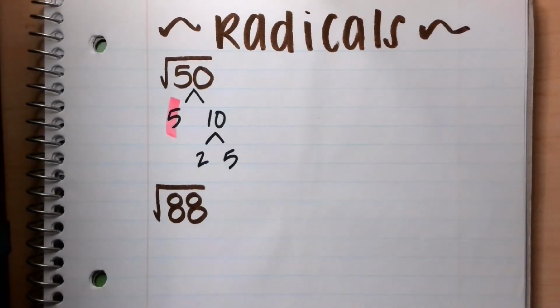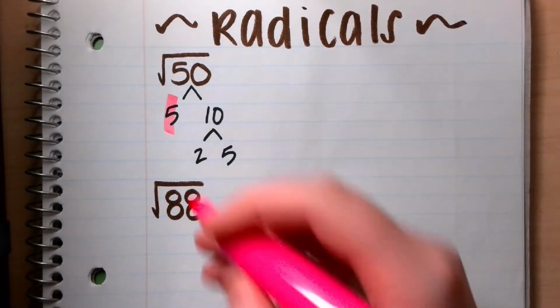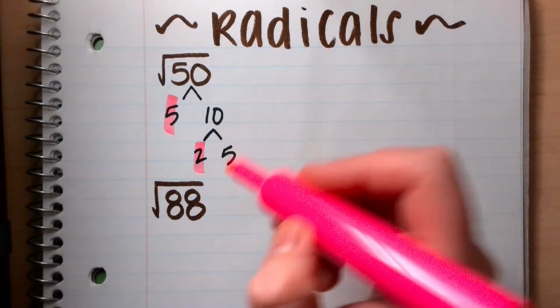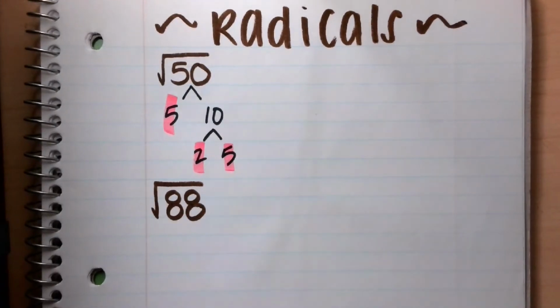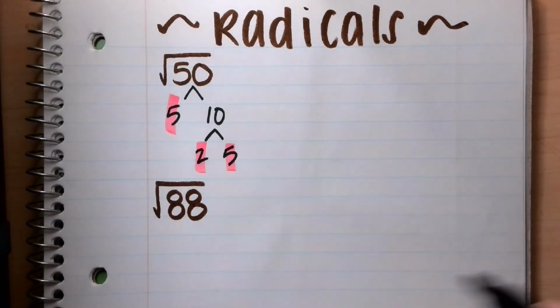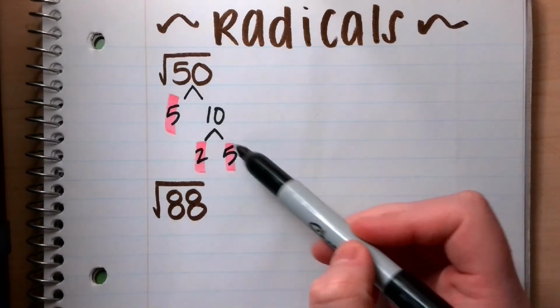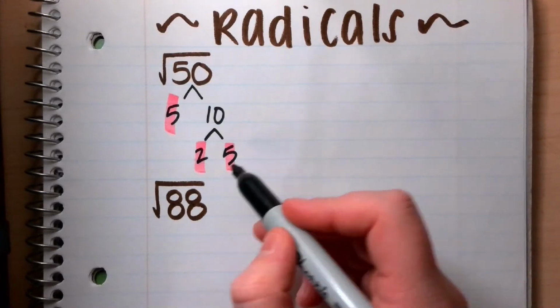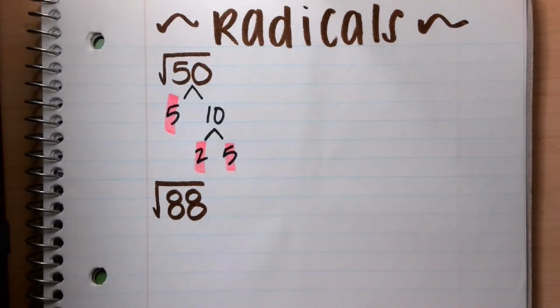We cannot break down 2 any further. That's a prime number. Same thing with 5. A prime number is just a number that is only divisible by 1 and itself, meaning there are not two numbers that exist that we can multiply together to get 5 besides 1 and 5.